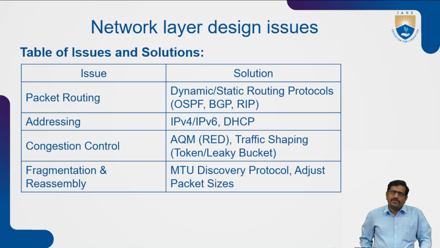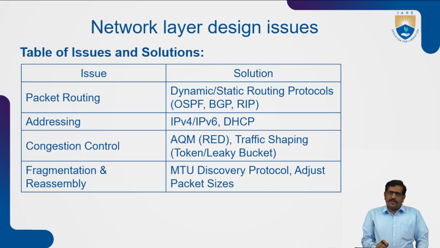Now a table of these issues and solutions. For packet routing, we use different protocols and algorithms, that is dynamic and static routing protocols. By using protocols like OSPF, BGP and RIP we can resolve it. Addressing issues are resolved using IPv4, IPv6 and DHCP protocols.